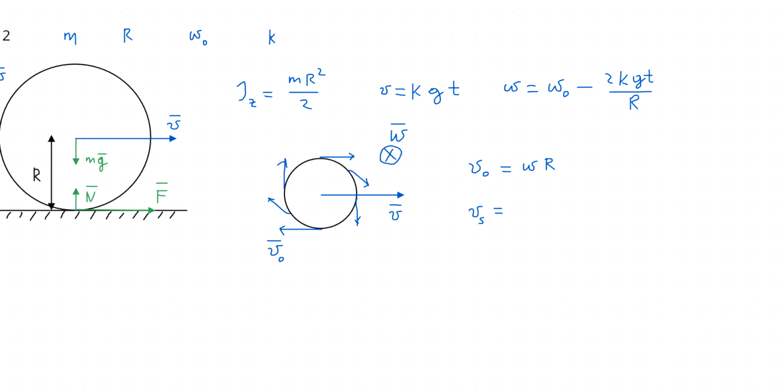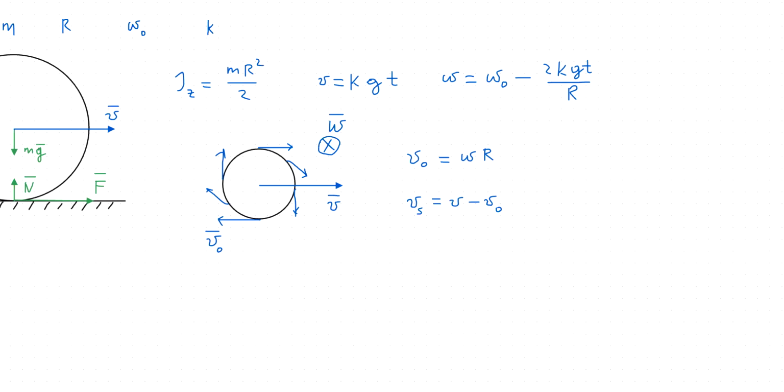It will be v minus v0. This is the velocity of slipping motion.